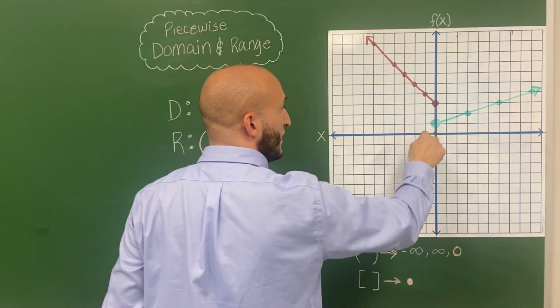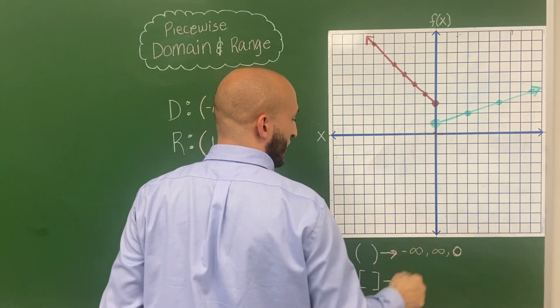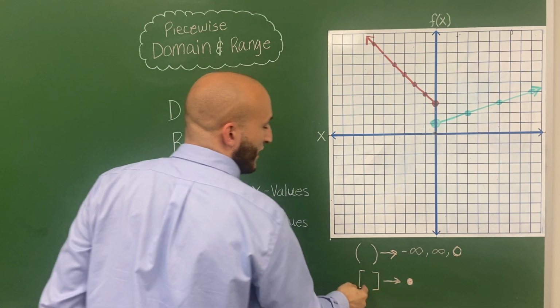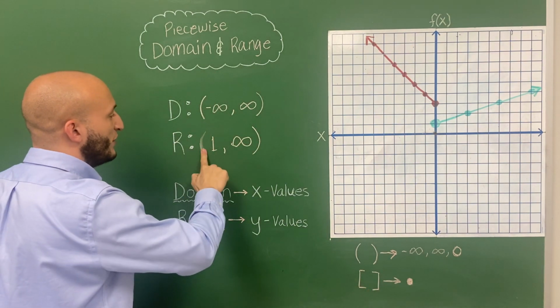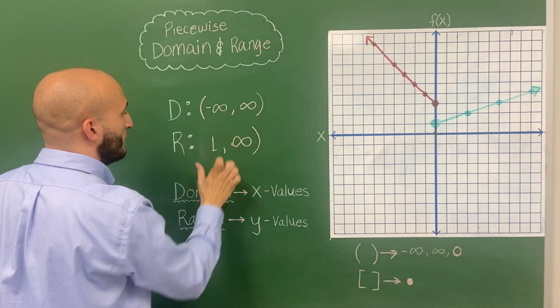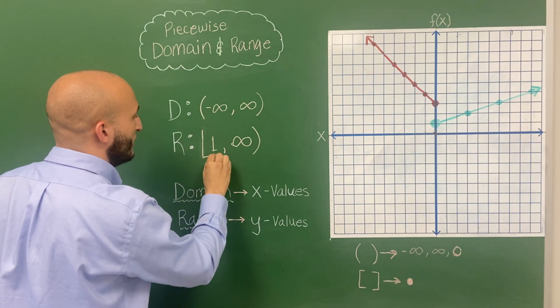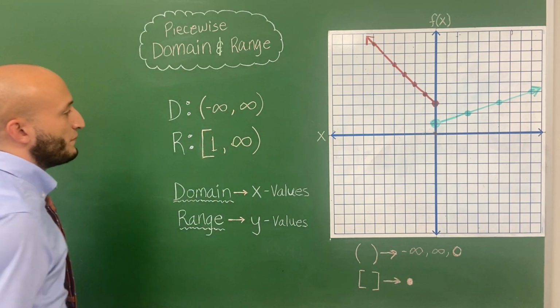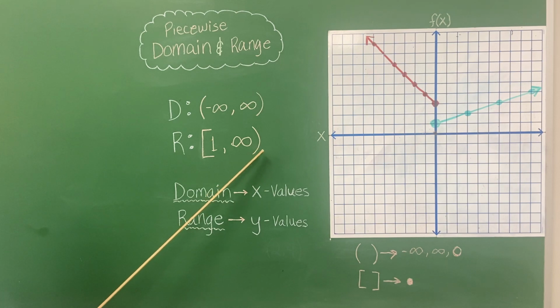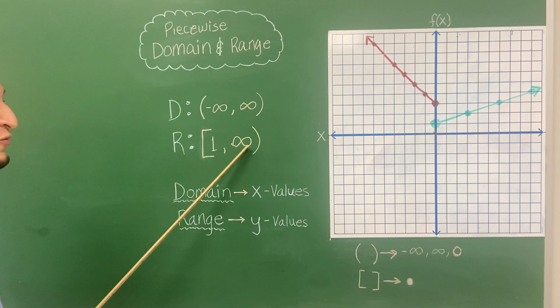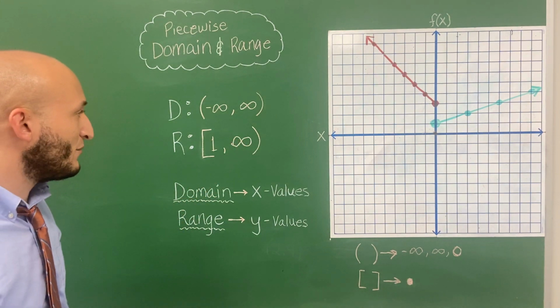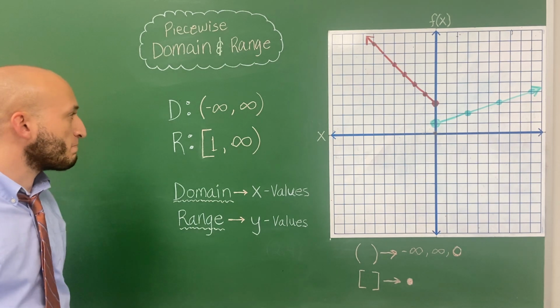So let's just say that if this was a closed dot, then I would use a square bracket. It would still be at y equals positive 1, but I would change this to a square bracket. This one would stay as a parentheses because there's no way I can land on positive infinity. And that's it.